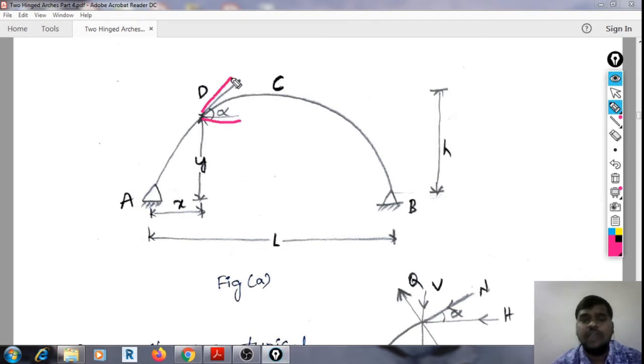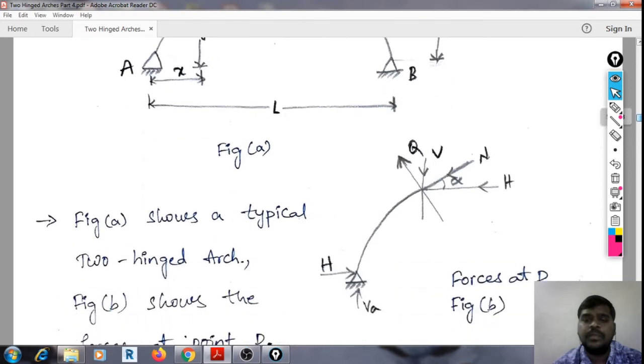This is the normal thrust, and the forces acting at point D can be studied here. Figure A shows the arch and figure B shows the forces at D.